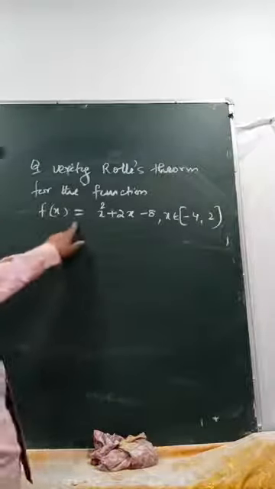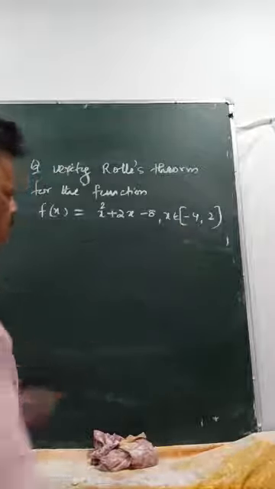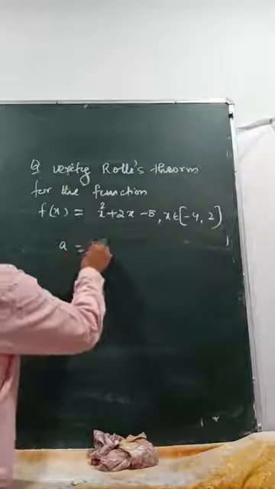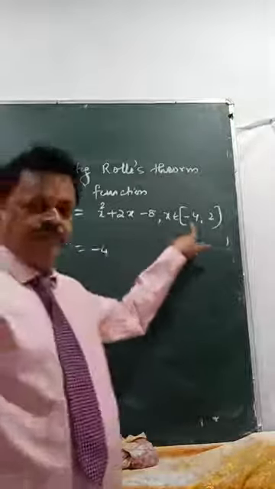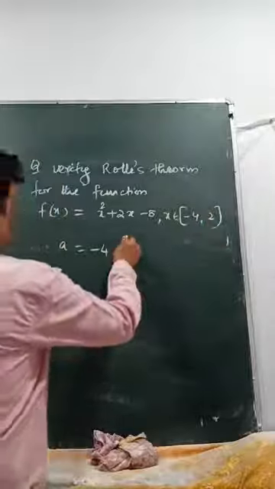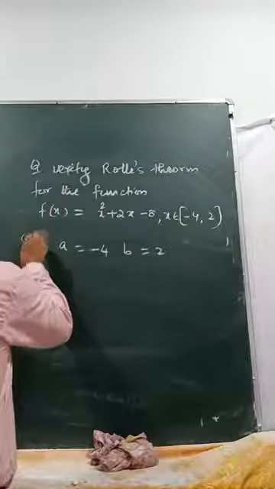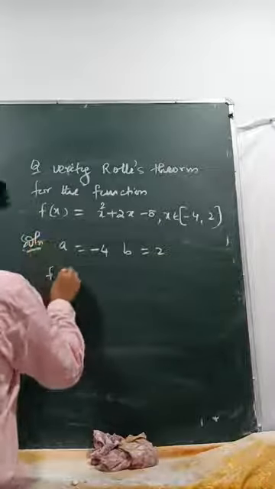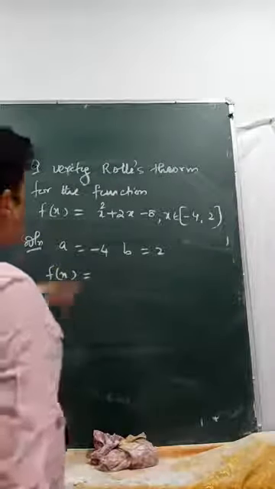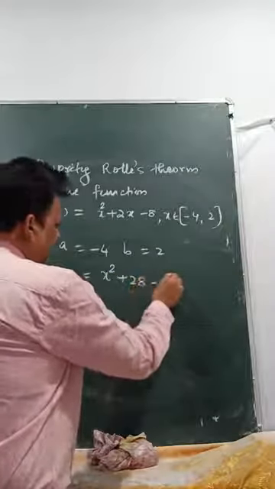First, you check this is differentiable or not. A is given to you, minus 4. B is given you 2. And your f(x) is x square plus 2x minus 8.